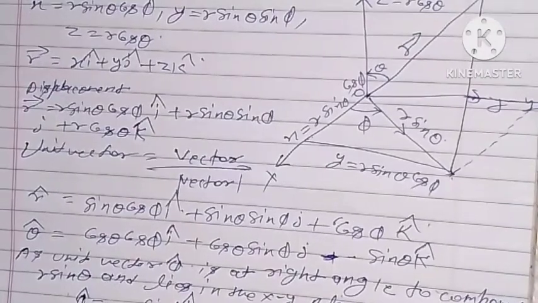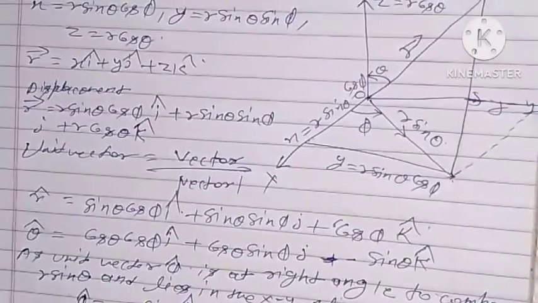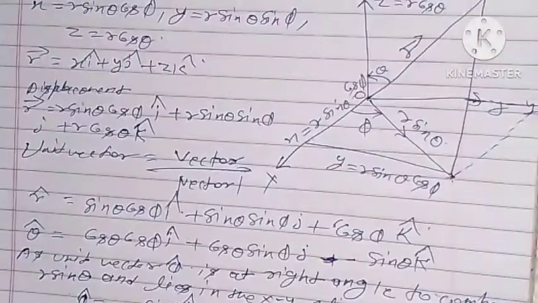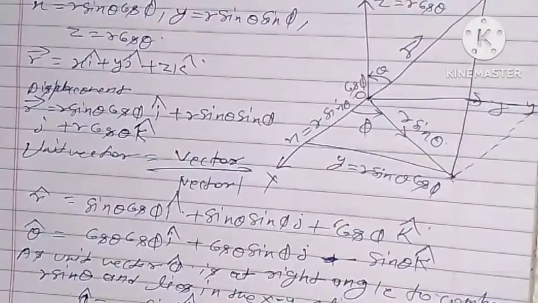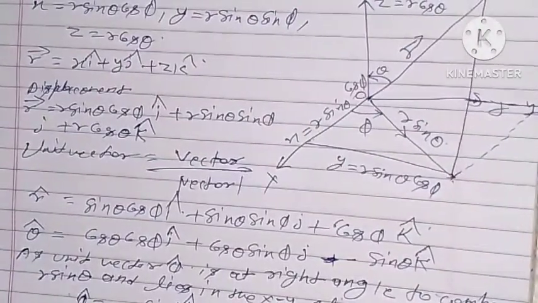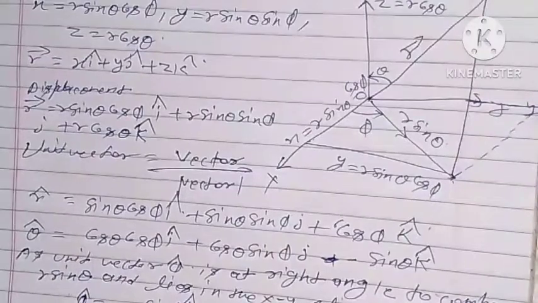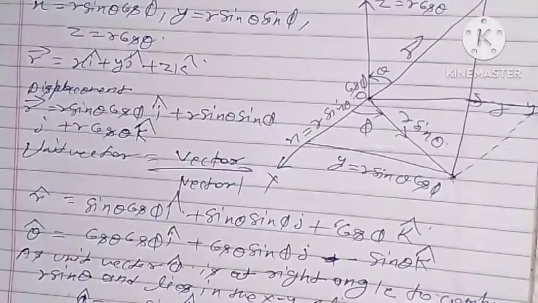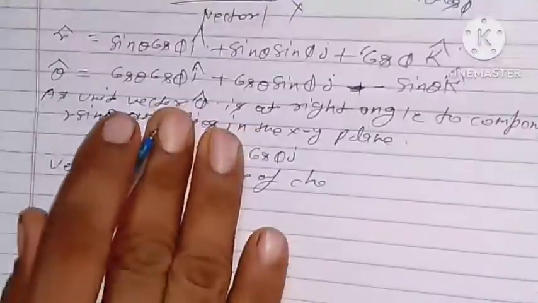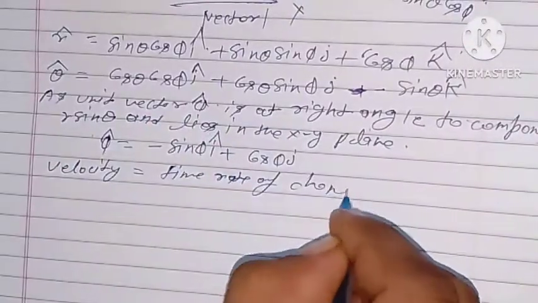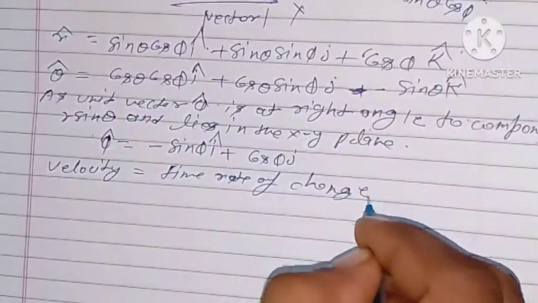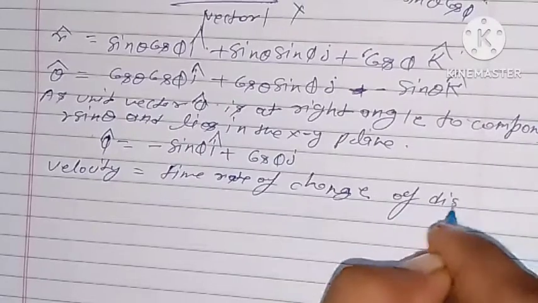Velocity is the time rate of change of displacement. Velocity equals time rate of change of displacement.